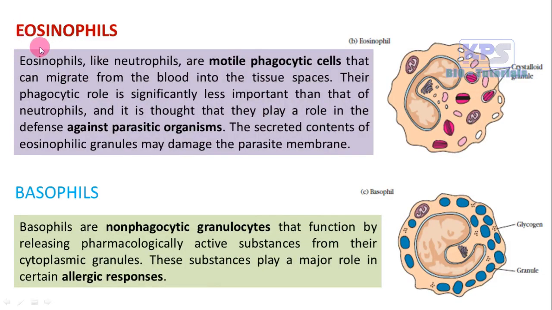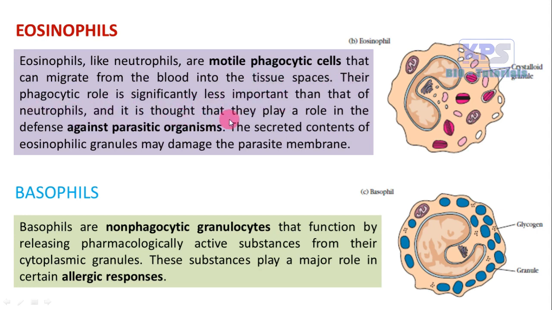Now, let us examine eosinophils. Eosinophils, like neutrophils, are motile phagocytic cells that can migrate from blood into tissue spaces. Just like neutrophils, eosinophils are also able to migrate to tissues from blood. But their phagocytic role is significantly less important when compared with neutrophils.